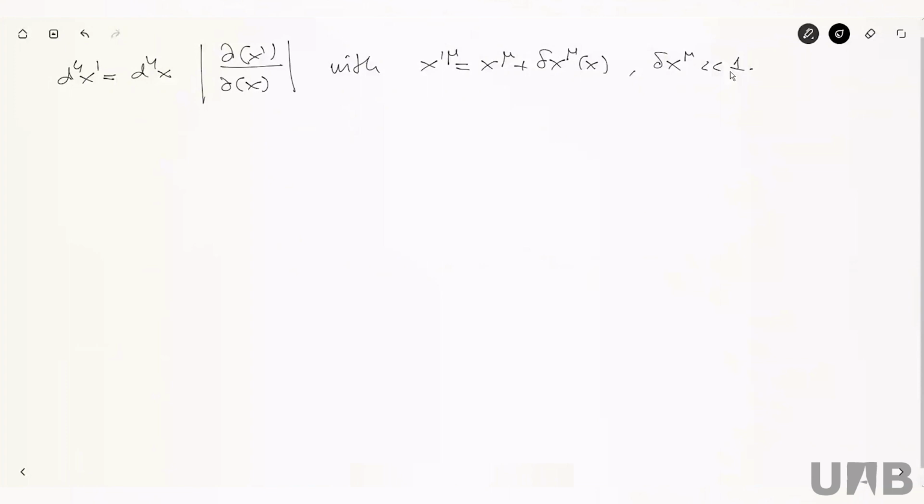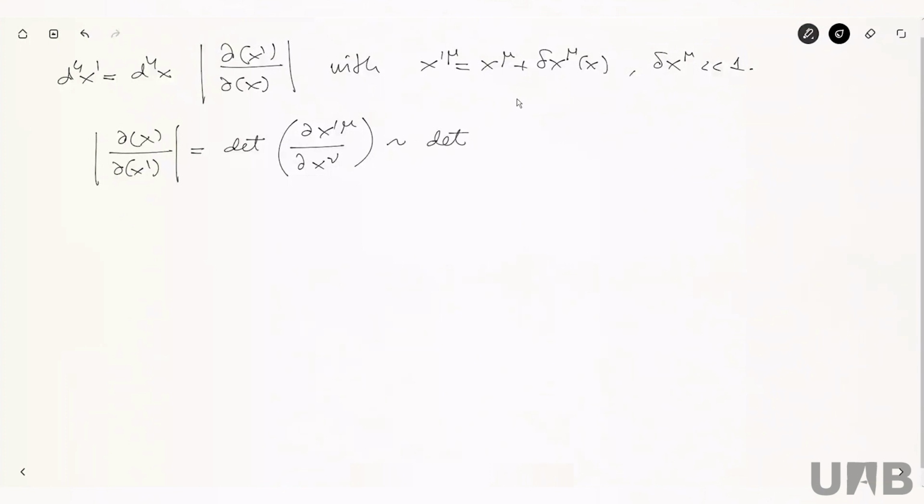So let's compute this Jacobian. It's actually much easier than it will look, because we are only interested in terms of order epsilon. So let's look at this Jacobian determinant. This is the determinant, as with all Jacobians, of the derivative of the prime variables with respect to the unprimed variables, and this is a matrix with two indices. Let's write here what this determinant is going to look like.